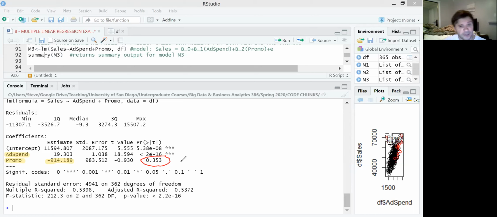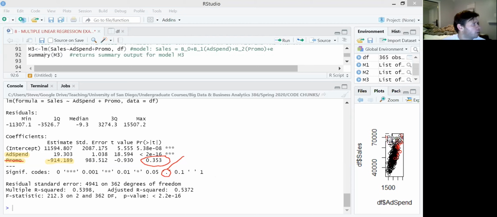If it was significant between the 5 and 1% level, we would see this little dot next to it, and we don't even see that. So that tells us promo is statistically insignificant here. We might want to think about eliminating that if we're just trying to predict sales using ad spending alone. That may be enough for us to have a reasonably good predictive model.